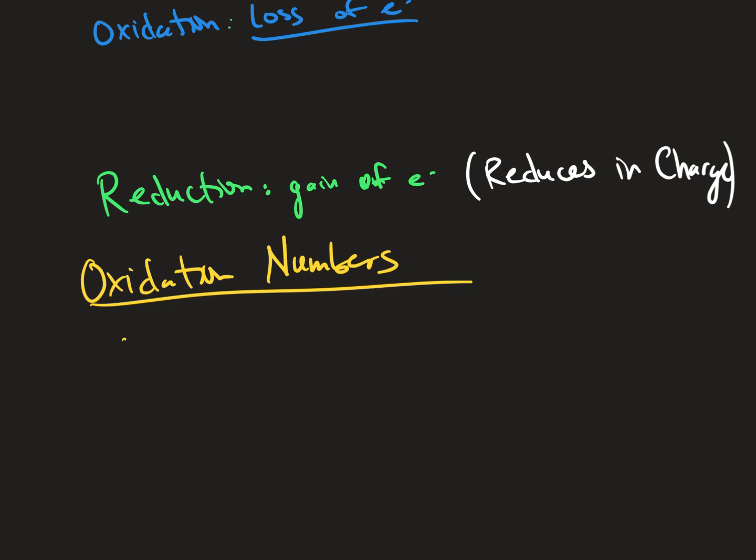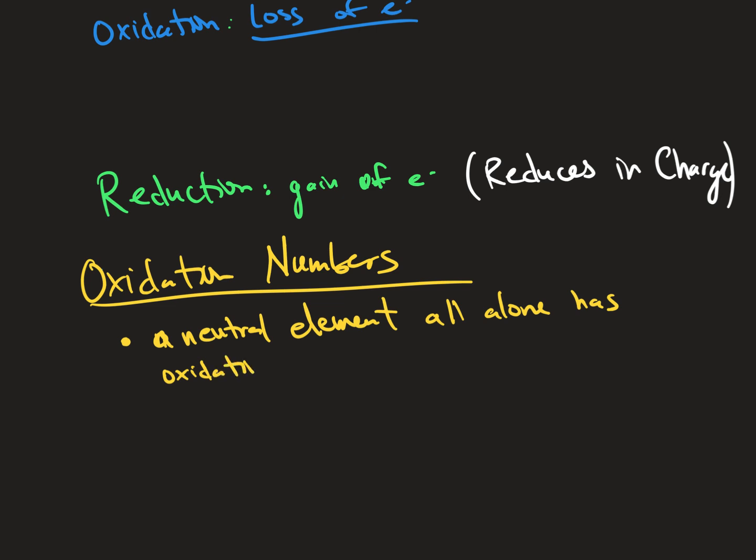So the first one is any neutral element in its elemental state, a neutral element all alone, has an oxidation number of zero.